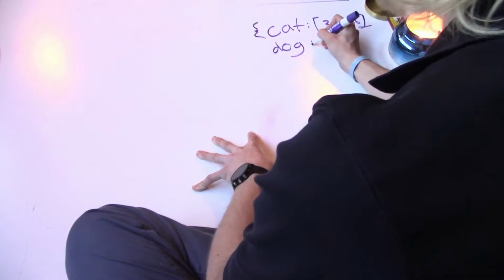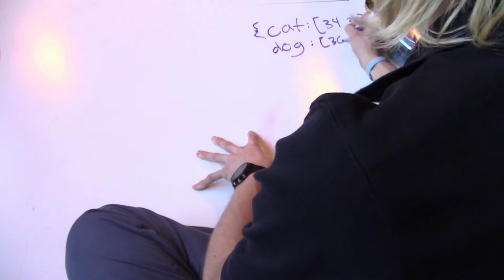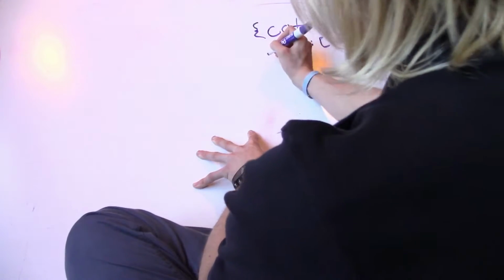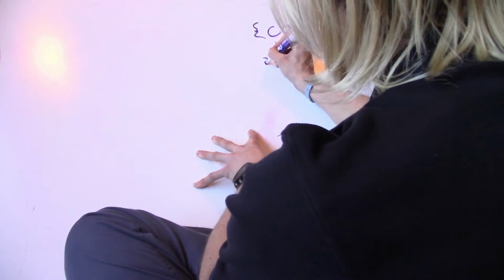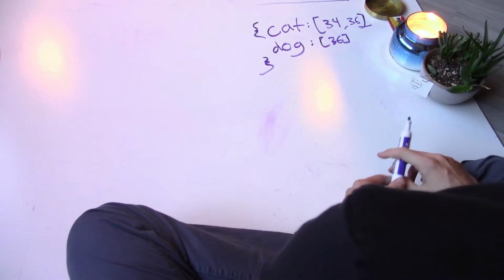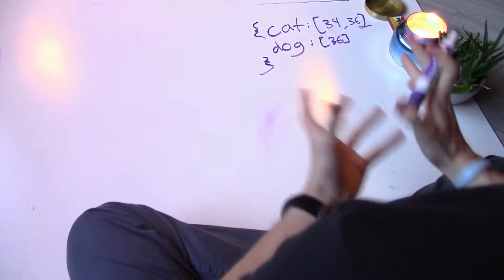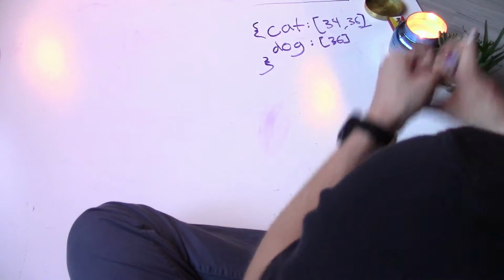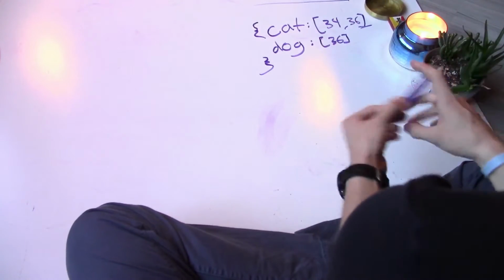So dog is going to have, let's say, just 36. So that's going to be a lot smaller than the actual object you have, but you get the general idea from that.